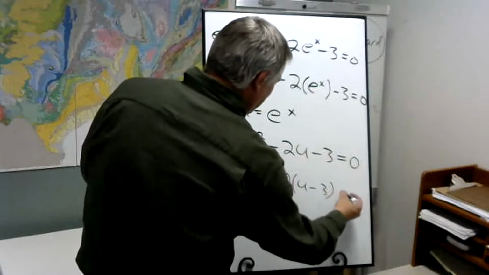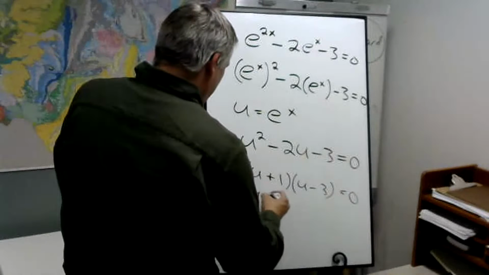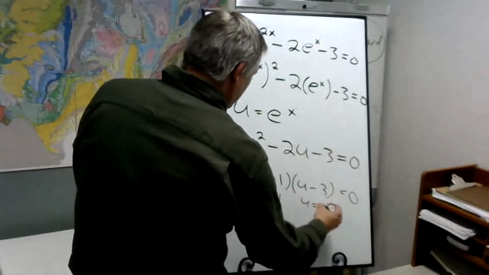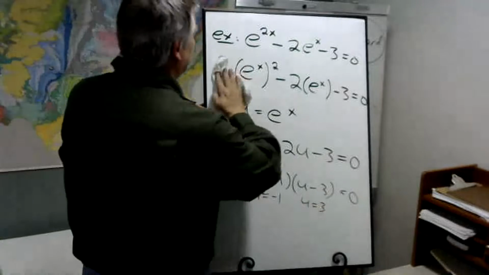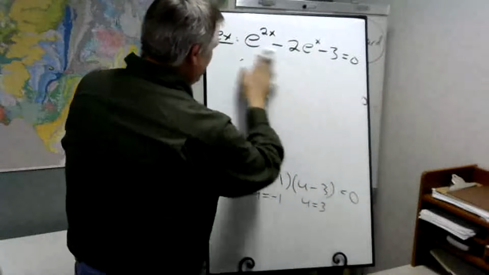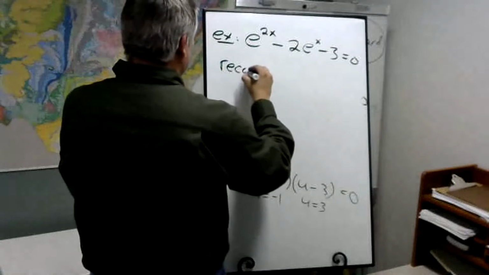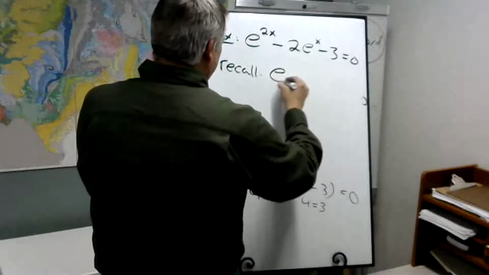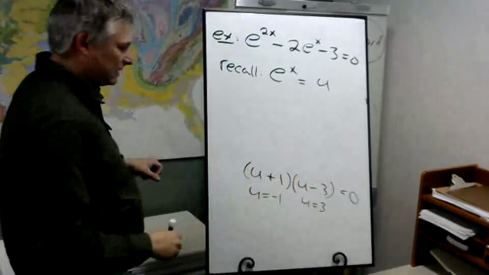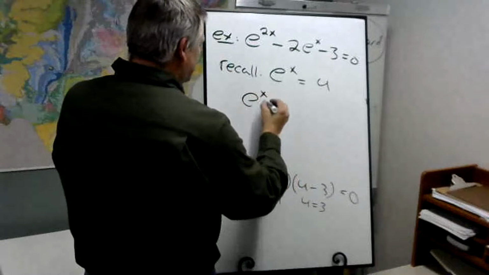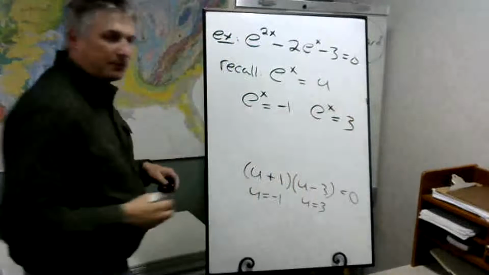Double check that real quick. Yeah. So this means u is minus 1 and u is 3. Now, right away, there's going to be a problem. Recall that e to the x equals u. So that means it's e to the x that equals minus 1 and e to the x that equals 3.